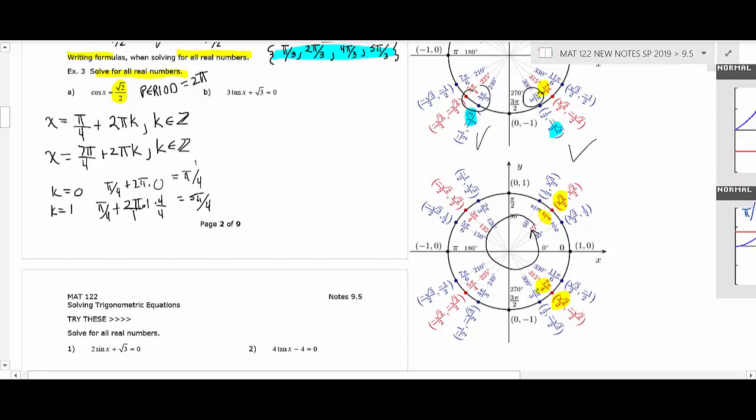And what you'll find is, see how these things are going up by 4? Then the next solution, when k is equal to 2, 5 plus 4 would be 9 pi over 4. Then if you went up 4 again, you would get 13 pi over 4 and so forth. So you're getting infinite solutions. If k was a negative number, like if k was negative 1, then you would just have pi over 4 minus 2 pi.